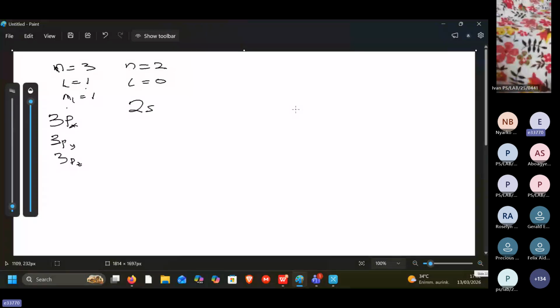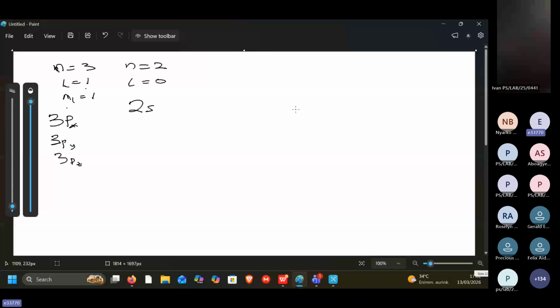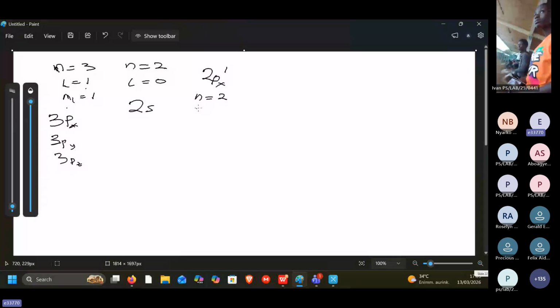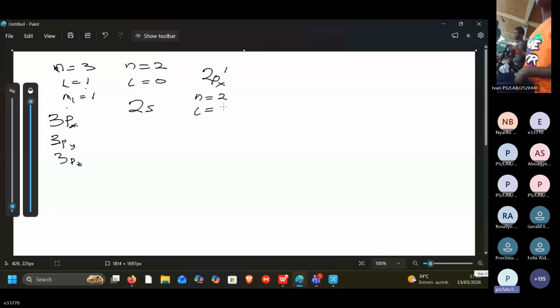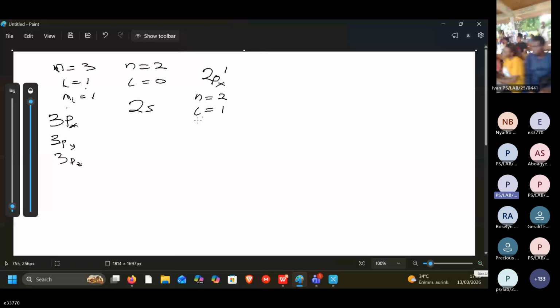So for example, if I write, say 2p1, let's say 2px1. If I want to represent this in quantum numbers, n is equal to 2, L is equal to what? What is L? L is equal to 1. ML is either -1 or 0 or 1.